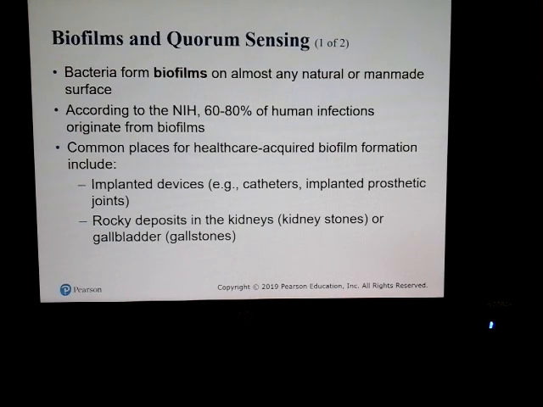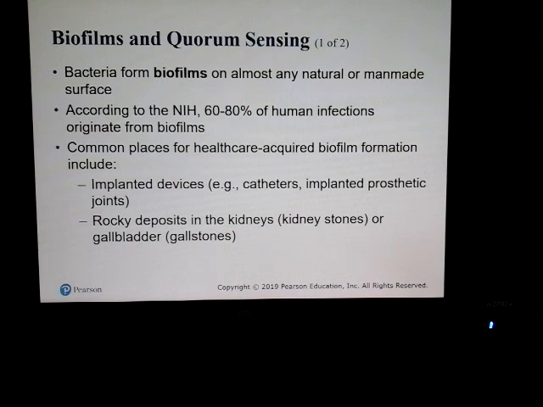Now, biofilms can also form when a lot of different microbes will come together. Some of these are natural. Some of them are man-made, unfortunately. According to the NIH, 60 to 80% of human infections originate from biofilms.